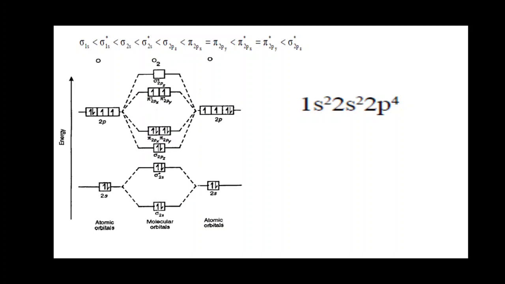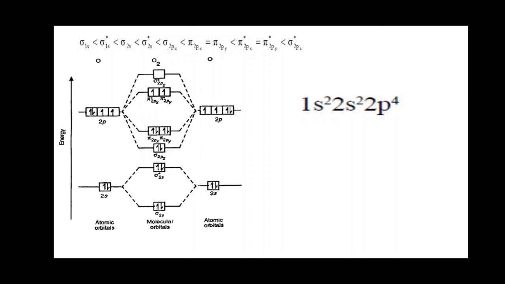Now the 2p atomic orbitals of one oxygen and the 2p atomic orbitals of another oxygen are going to combine. So totally 6 orbitals. 3 are down and the remaining 3 are up. The lowest molecular orbitals, the bonding molecular orbitals, we have to fill first.